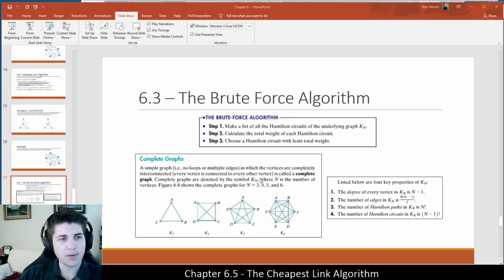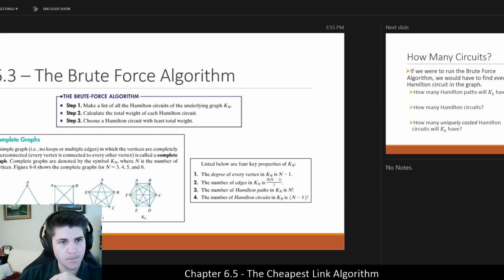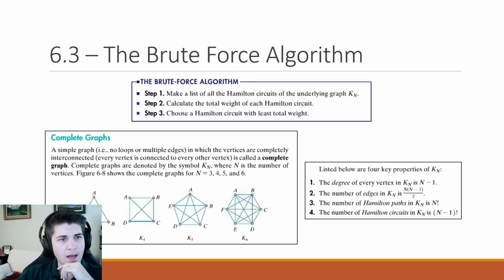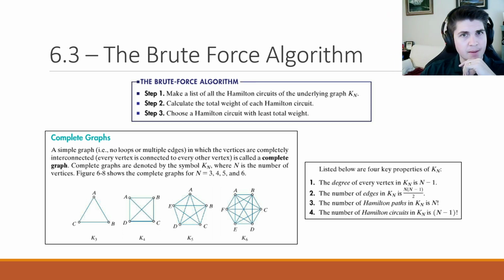It says in the book that they are going to be denoted by K sub n, which is just a way of saying like K3. Sorry if you can't really see this. Let me center mode here. Better. Well, actually, now I'm in the way. There we go. K3 is the complete graph of size 3.